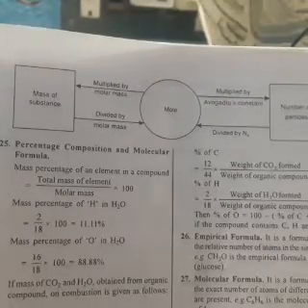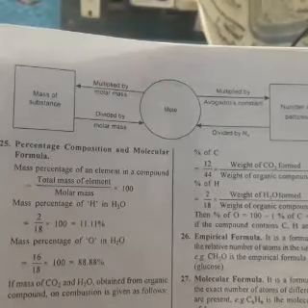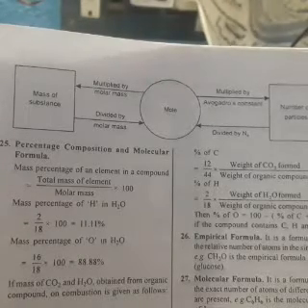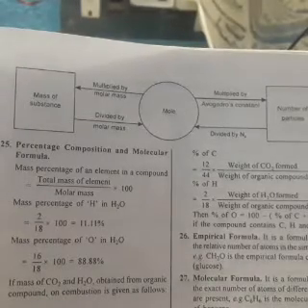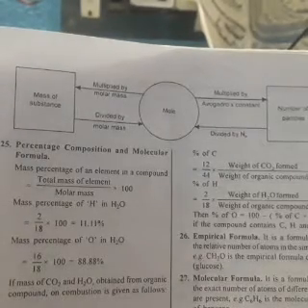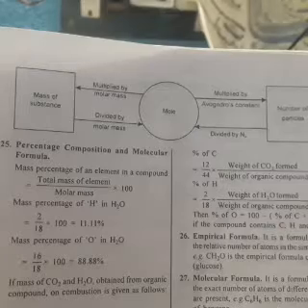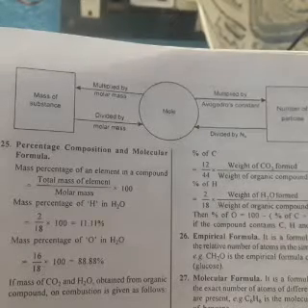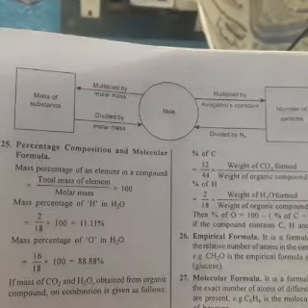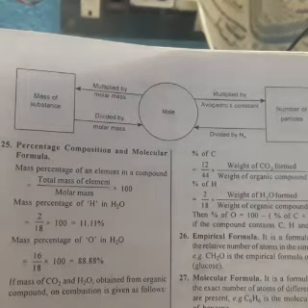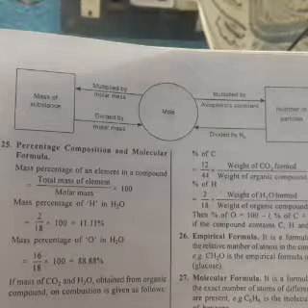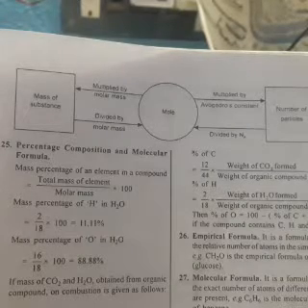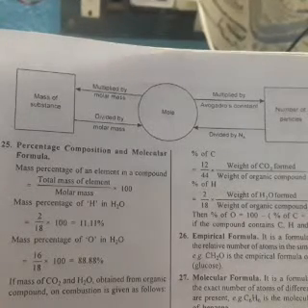Carbon is 12, the molecular mass is 44, so the percentage of carbon is 12 by 44 into 100, and the percentage of oxygen is 16 into 2, that is 32, so 32 by 44 into 100. So now you can easily calculate the percentage of carbon and oxygen in carbon dioxide. Is it clear?